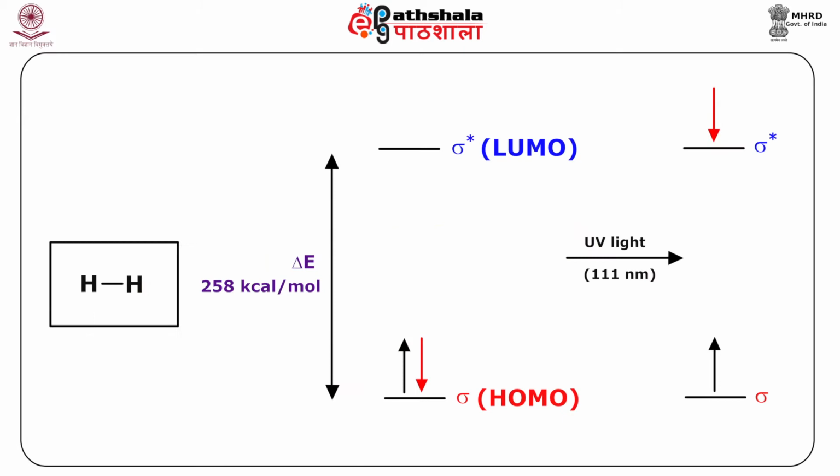Principle. In general, the energetically favored electron promotion will be from the highest occupied molecular orbital to the lowest unoccupied molecular orbital, and the resulting species is called an excited state.